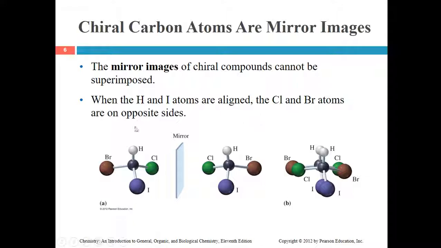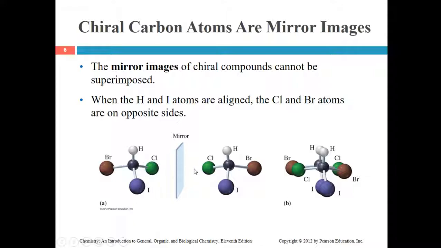So let's look at this example of a chiral compound right here. First of all, we know it's chiral because here's our carbon atom, and we have 4 different types of groups attached to it. Now then, let's take another carbon with 4 of those same exact groups, but let's change the way that we arrange them in space so that they are mirror images.